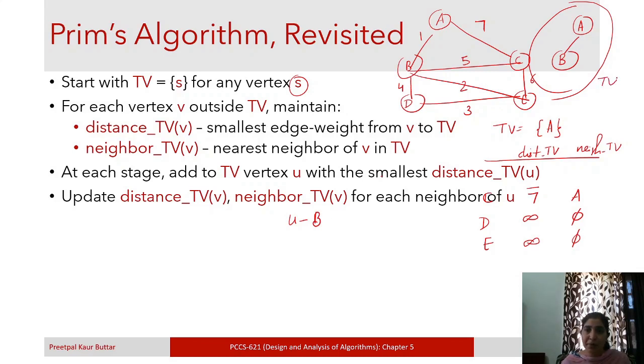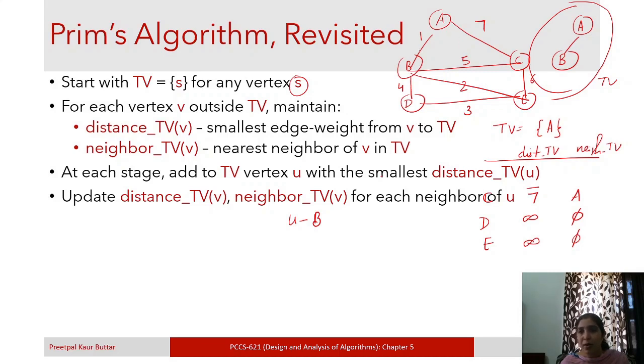This is TV. Okay, so now we have to update the distance of C, D and E, because B is there in TV now. So for C, previously C was able to reach TV through A only. Now C is able to connect to TV through B also.